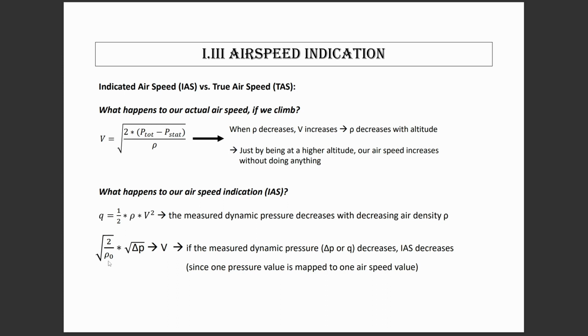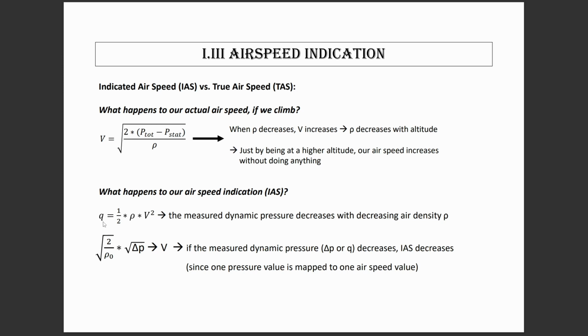Now, as we go higher, if we maintain the speed constant, and from this equation you can see this very nicely, if we maintain a constant speed and we go higher, then only rho, the air density, will go down, and effectively our dynamic pressure will go down.